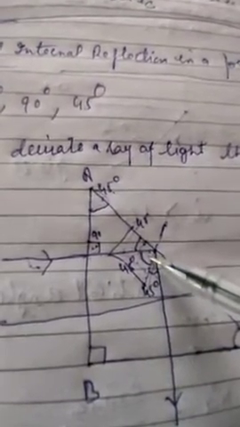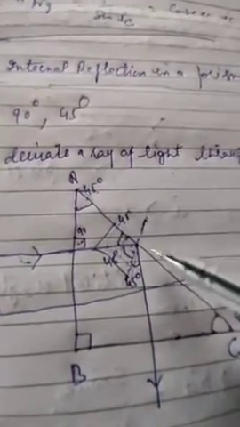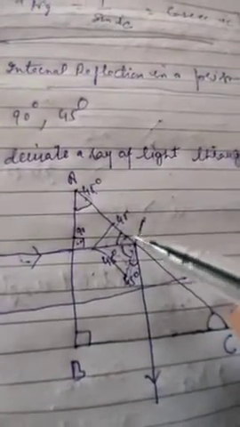So this is the angle of incidence, which is more than the critical angle which we took as 42. So without any deviation, it will get totally reflected. This is one example to deviate a ray of light through 90 degree.